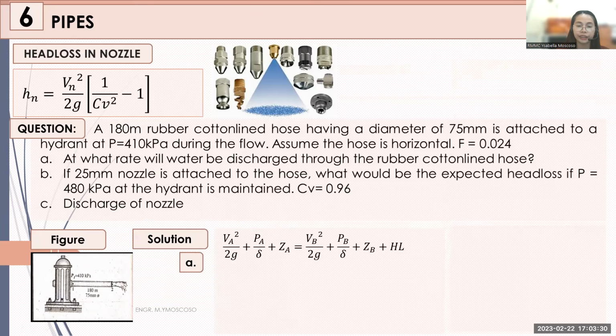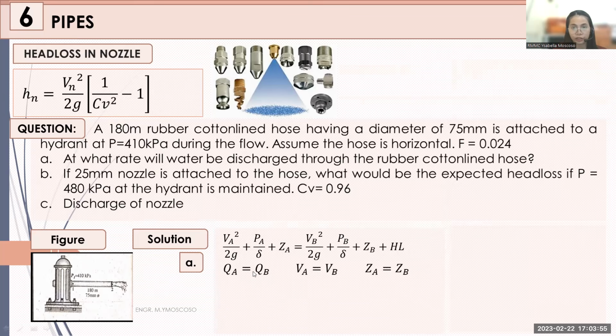Using your energy equation, okay, you will have VA squared over 2G plus PA over gamma plus ZA is equals to VB squared over 2G plus PB over gamma plus ZB plus HL or plus the head loss. Okay? Dito, we will state that QA is equals to QB.